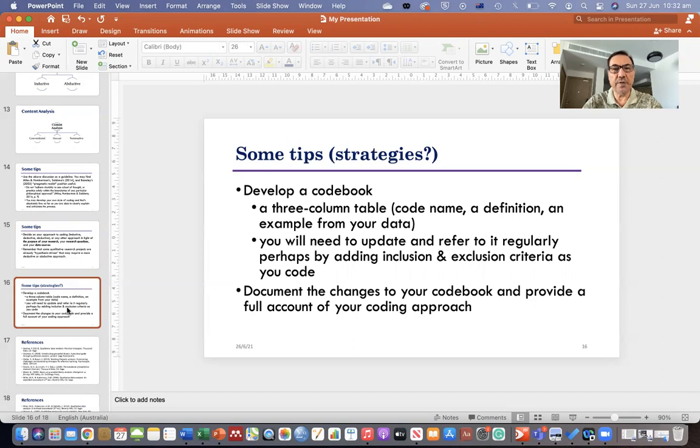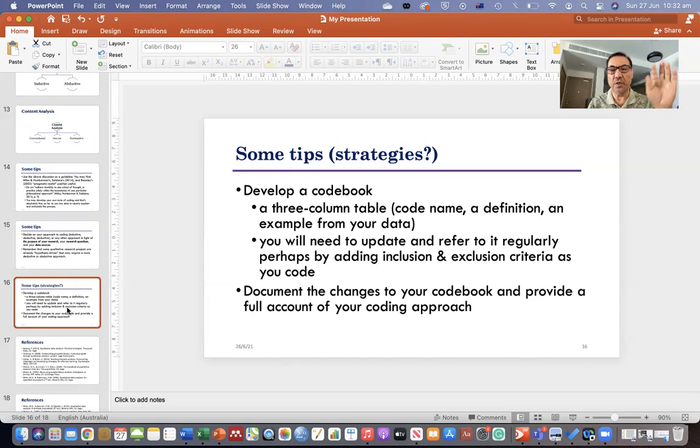And the final tip or strategy for you is to develop a codebook. It's very important from the very beginning that you think about codes. You need to develop a coding scheme, and the simplest way would be in Word to create a table with 3 columns.